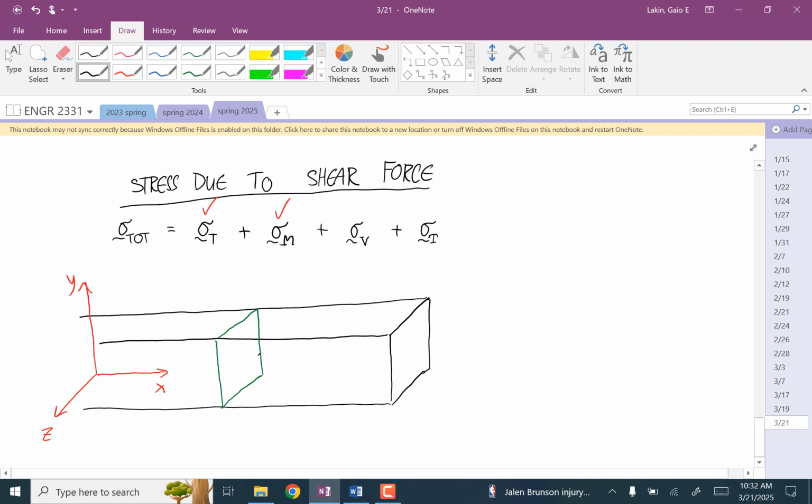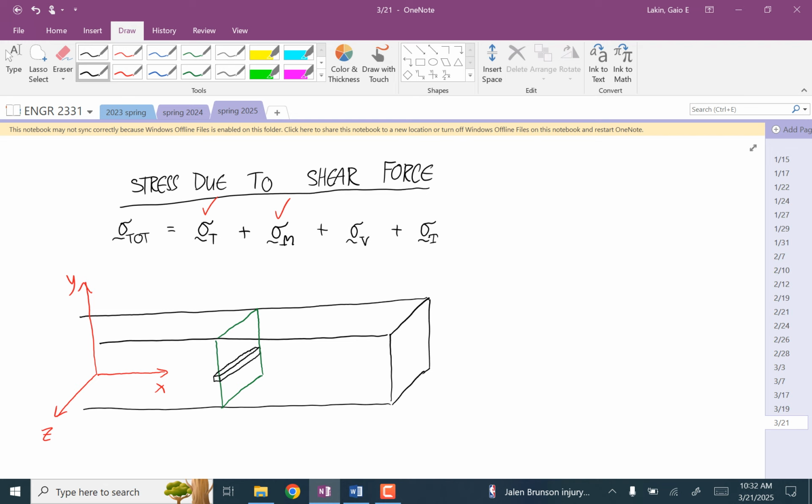This is a whole line of stress elements, just one infinitesimal row of stress elements on this cross section.